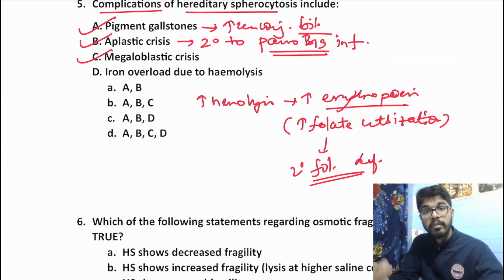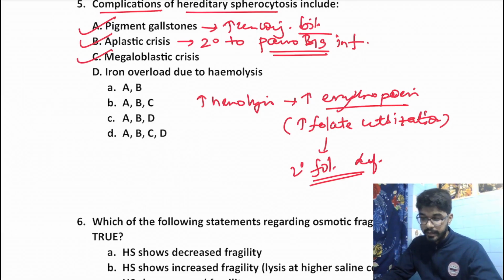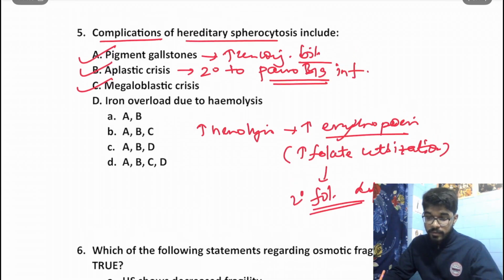Right, over here we would get the megaloblastic features, right? So hereditary spherocytosis can trigger a megaloblastic crisis due to folate utilization.